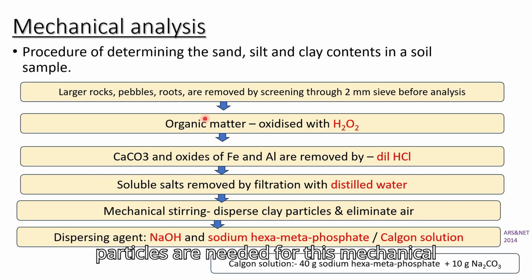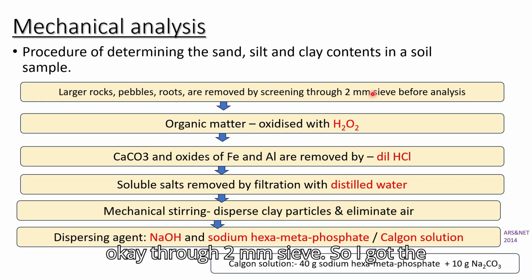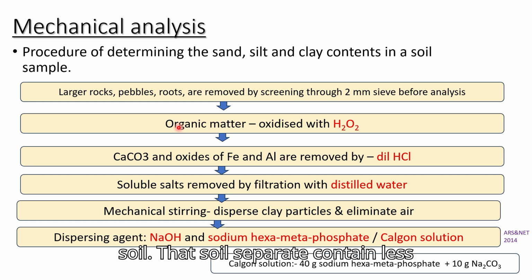That kind of particles are needed for this mechanical analysis. So first we remove large rock, pebbles, roots through the 2 mm sieve. So I got a soil that contains only particles less than 2 millimeter size.